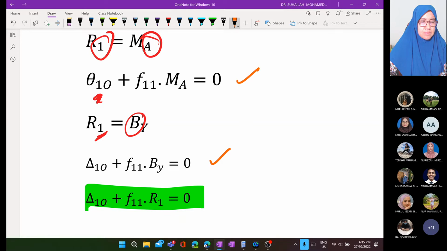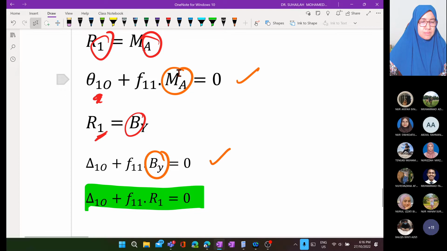So I suggest you use the standard form, but keep the redundant as the redundant name, not the general form R1. So if the redundant is MA, put MA as the redundant in the equation. If redundant is BY, put BY. So we just change the symbol to 1 naught and 1 1.